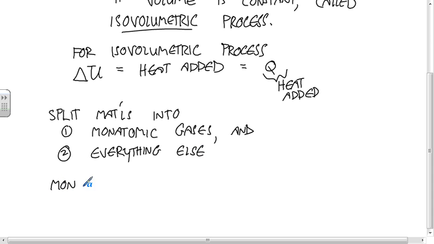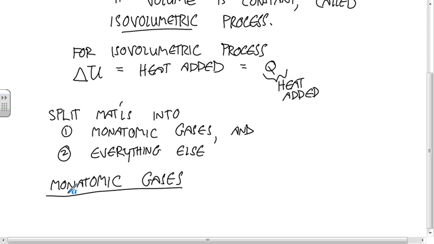Okay, so monatomic gases. So what's the fact that's going to come into figuring out how to raise the temperature of a monatomic gas? How much heat is required? So there was something I said like 5 minutes ago, so that's probably why you don't remember it. So what's special about monatomic gases?